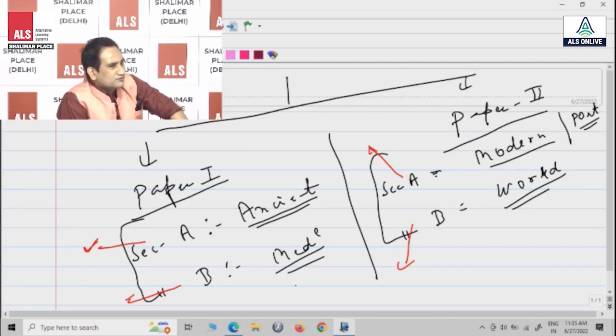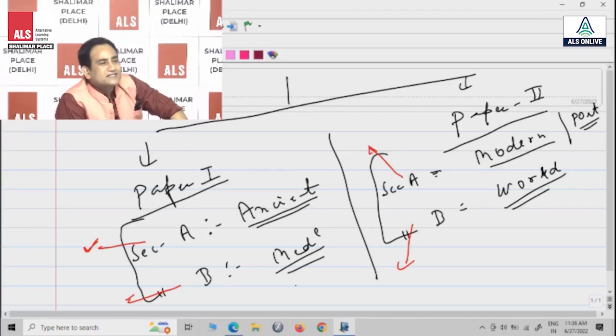Is it fine now? What is in Paper 1? Ancient and medieval. Paper 2, modern and world history. All these areas you read for your general studies or not? Yes. Is there any difference between the general studies syllabus and the optional syllabus? Topics? No difference. Same topics.